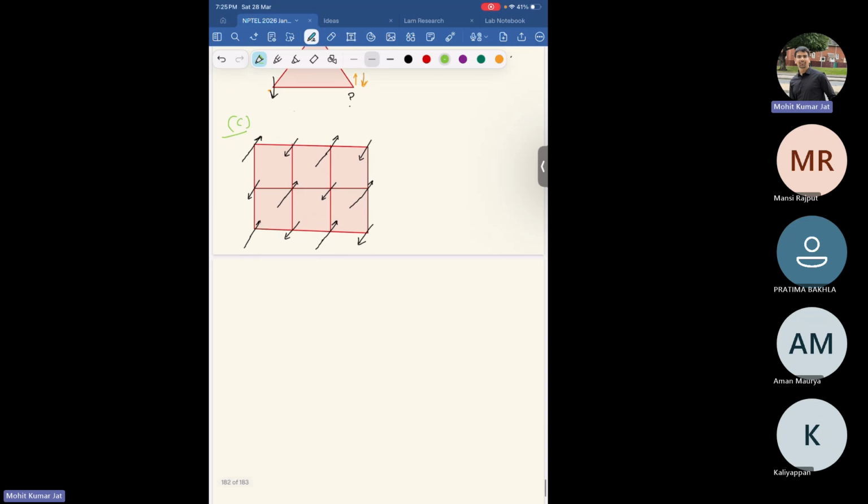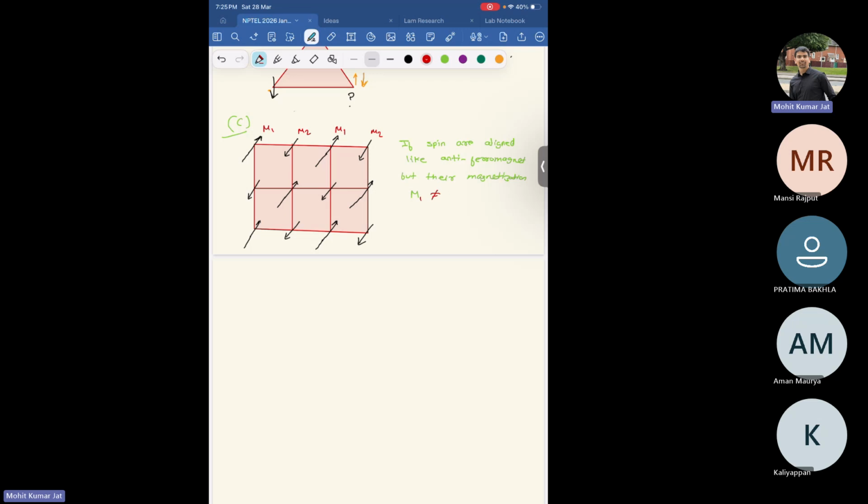So in this case particularly, if spins are aligned like an antiferromagnet, opposite, if this is up, this is down, this is up, this is down, this is what we call antiferromagnet. But for their magnetization, let's call this M1, this M2, again this M1, this M2.